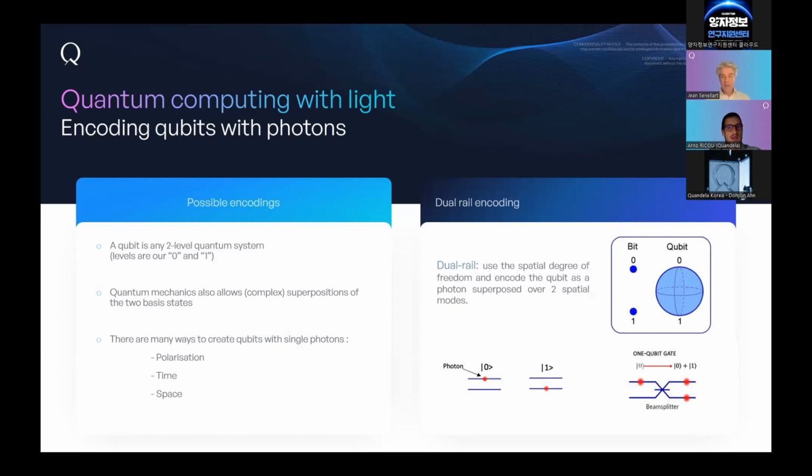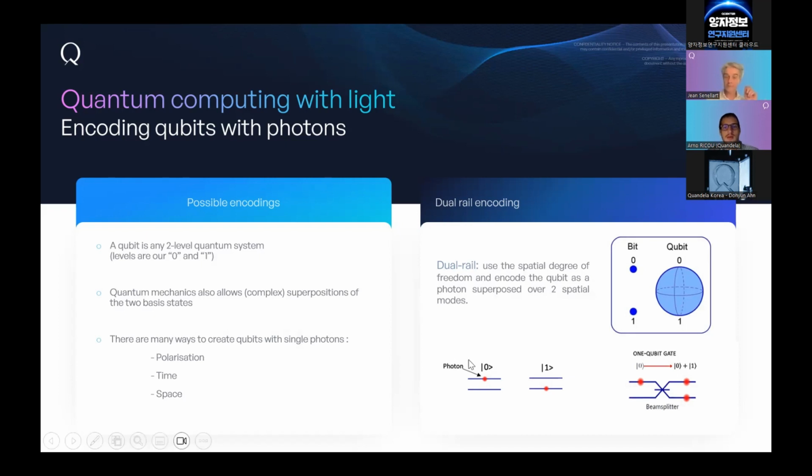That's represented again in the Bloch sphere, as you can see on the right of the screen. You can encode the qubit in several degrees of freedom of a single photon: maybe the polarization, the time, the space. What we chose at Quandela is the dual rail encoding, or encoding the information in the space. We chose that because it's pretty easy to integrate on a chip and to make a really compact system.